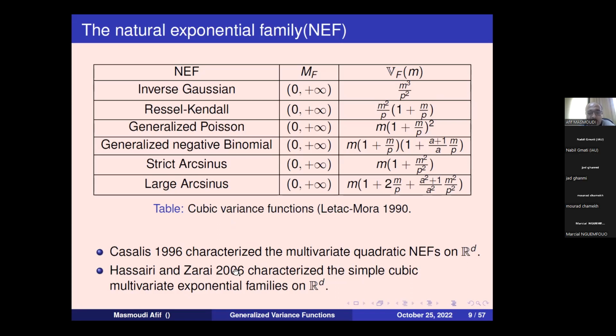Asari and Zerai in 2006 characterized the simple quadratic multivariate exponential families on RD.